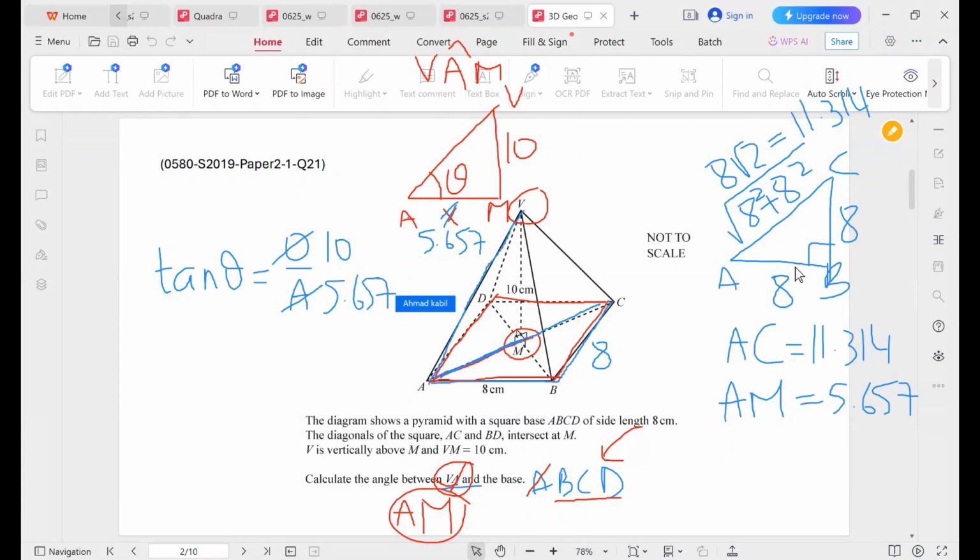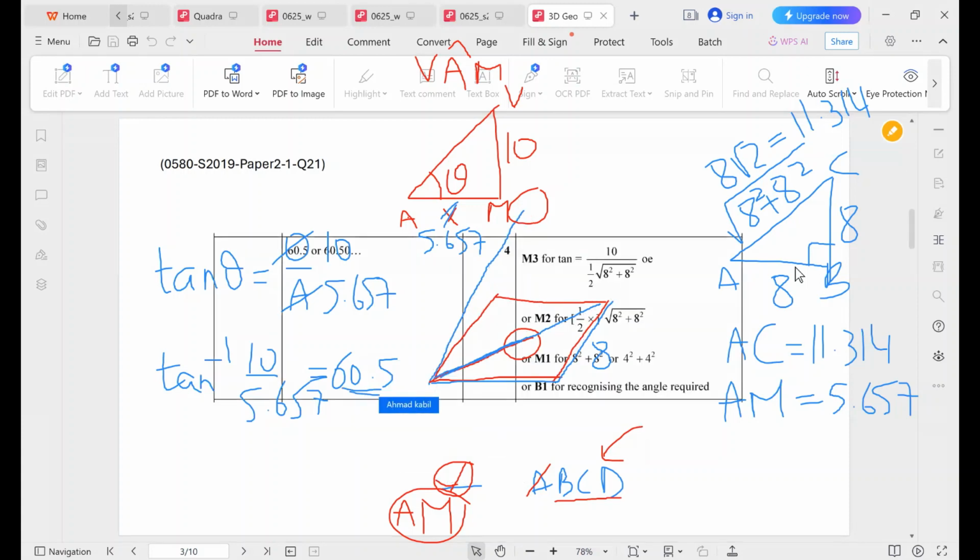So we just have to find inverse tan, or shift tan on the calculator, of 10 divided by 5.657. Using my calculator, this gives us 60.50. So to three significant figures, 60.5 is a correct answer.